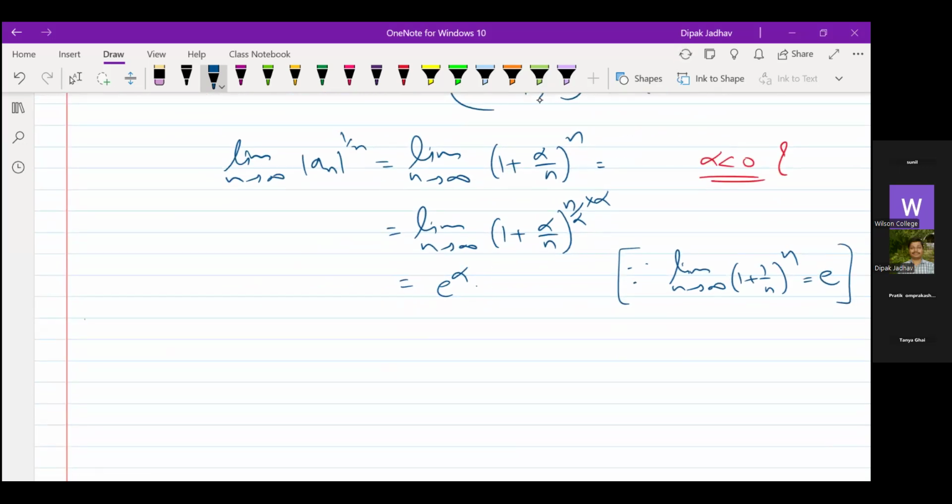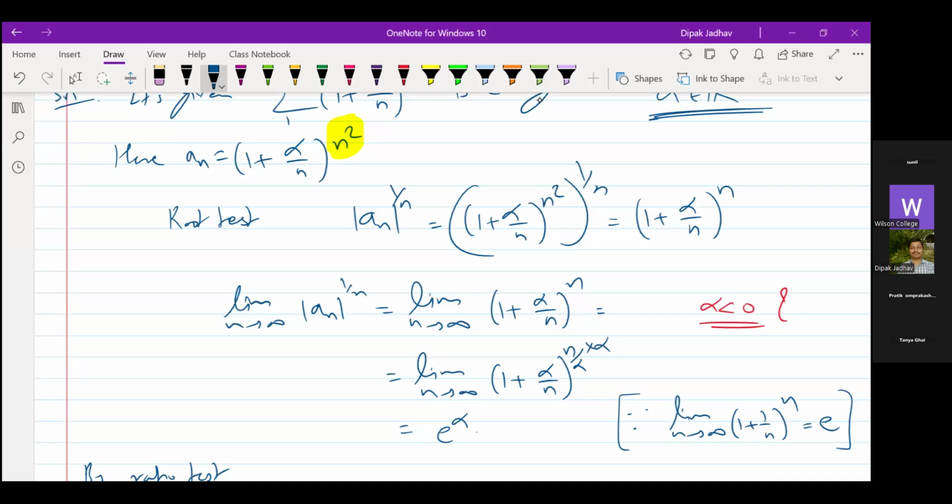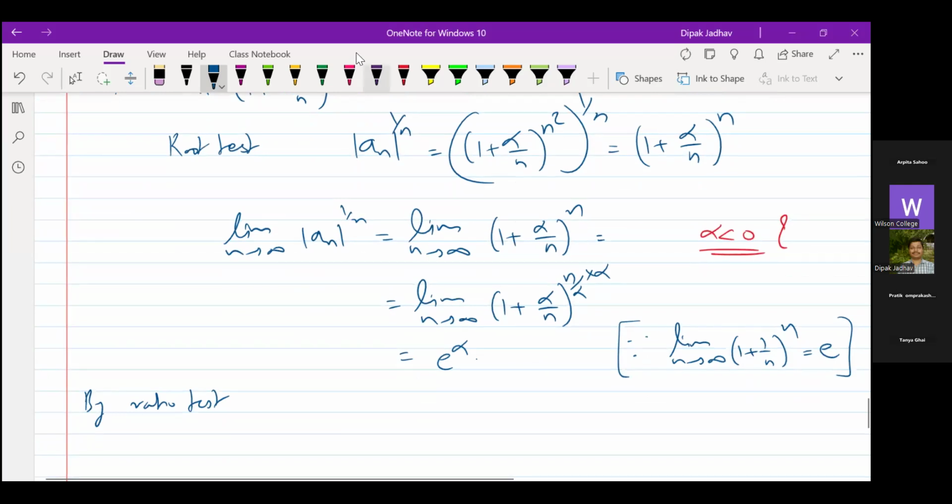Okay, good. So by the root test, what are you going to have? The limit value should be less than 1. If e raised to alpha is less than 1, then summation a_n converges. How will I get the bound on alpha then? Take the logarithm on both sides. So alpha times log e is less than log 1.